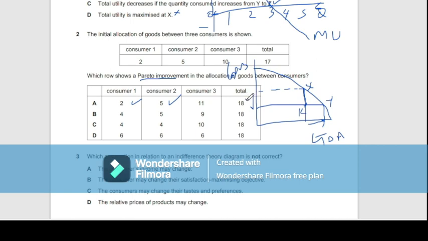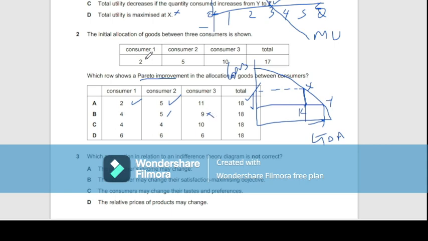Therefore, this is a case of Pareto improvement. So let's look at B. B, we are making consumer 1 better off. Consumer 2, there is no change. Consumer 3, we are making this person worse off. Therefore, because of this, that is out.